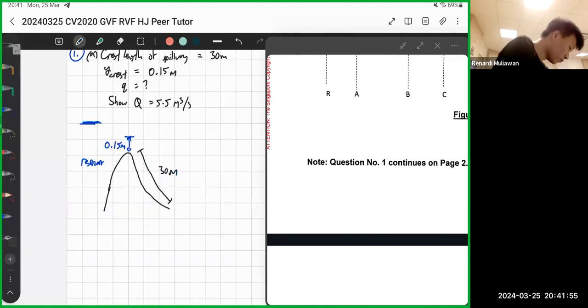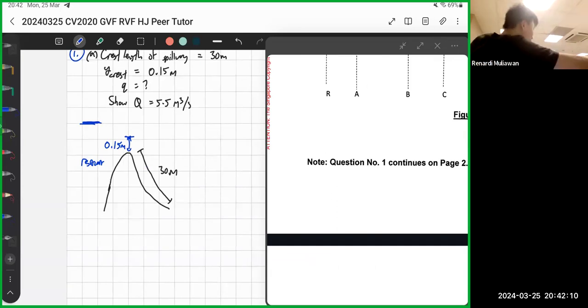Now you need to find small q first. This one is actually a concept question. Remember that if you're going from the reservoir, at the crest the flow is supercritical, because you just imagine you're going down a steep slope, so the water flows very fast.